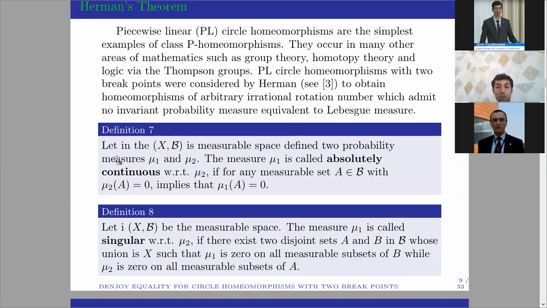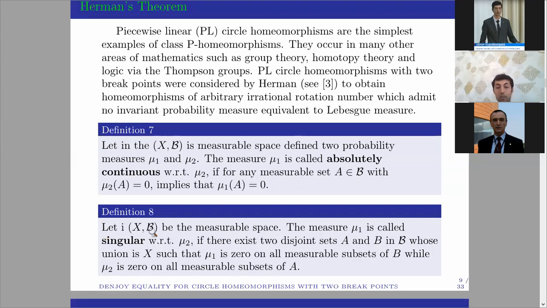Here is the definition. Let X be a measurable space with two probability measures, mu1 and mu2. The measure mu1 is called absolutely continuous with respect to mu2 if for any measurable set A, A having measure zero with respect to mu2 implies that the measure of A with respect to mu1 is also 0.